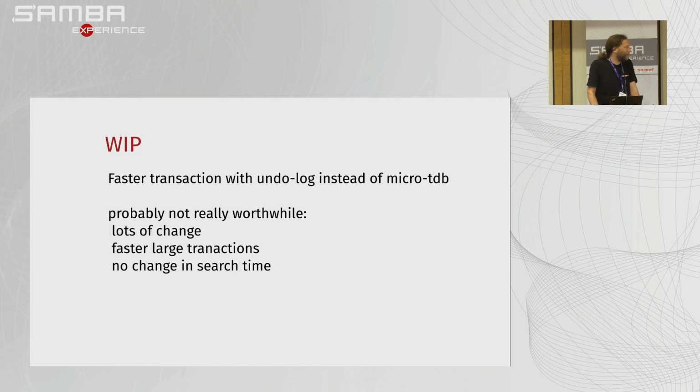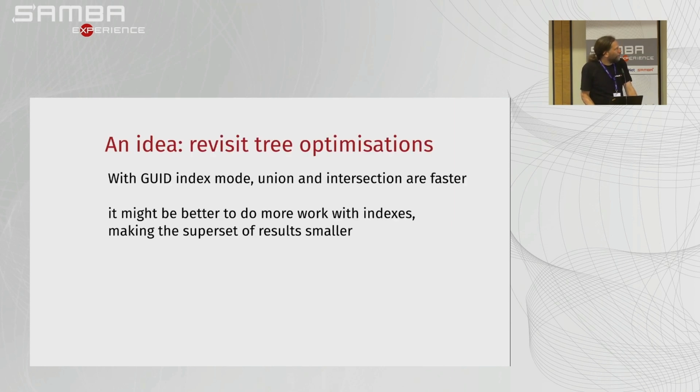So it doesn't help with search speed, which is really what we want. I had some ideas around that too, but I can't remember what they all were. There's branches on GitLab where they did pass all the tests, but that's all really.